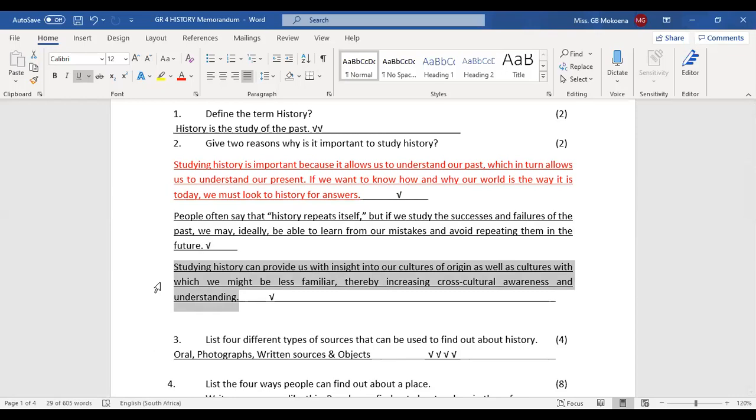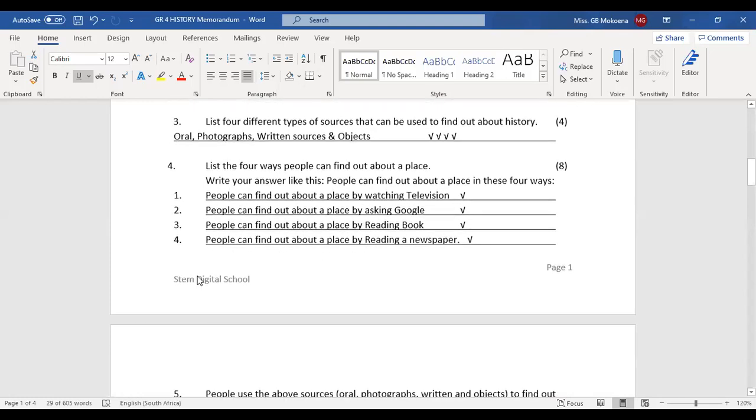So it makes us aware of our culture and the cultures that we are not familiar with. In that way, we'll have awareness and understanding as well.